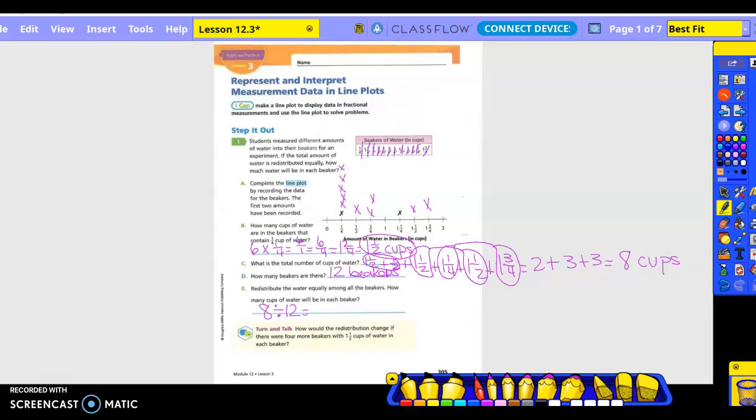And we've also learned when you do that, you can just write it as 8/12 because that division sign also could be a fraction bar, right? The fraction bar can also be division. So what is 8/12? Because that's not simplified. 2/3 because 4 goes into both. So 2/3 of a cup. So on letter E, we also found the average, right?